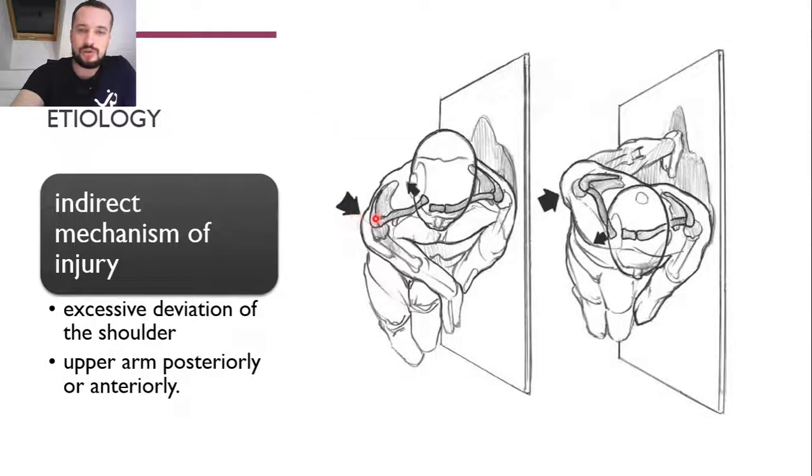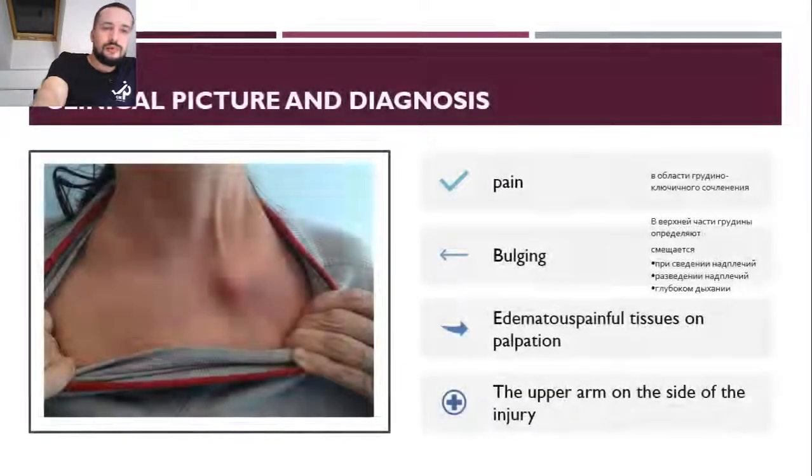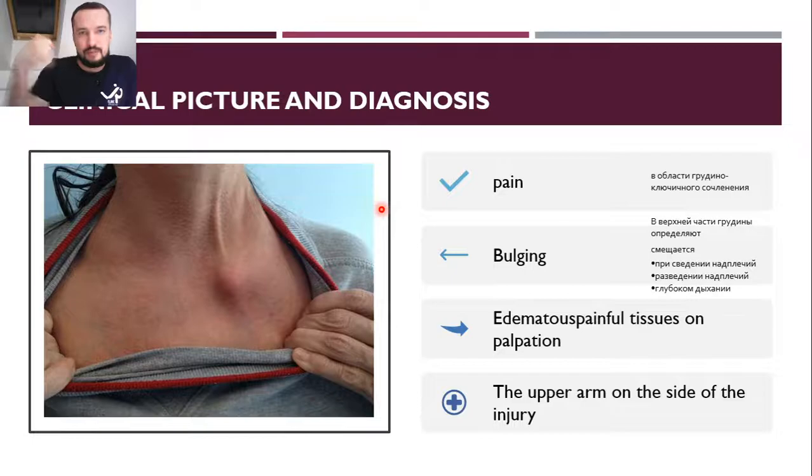There you see how these people move the arm with rotation, and when he does this rotation, the clavicle goes way down, and if he does this rotation, the clavicle goes way there. Take some push, some hit, and you will have the dislocation.